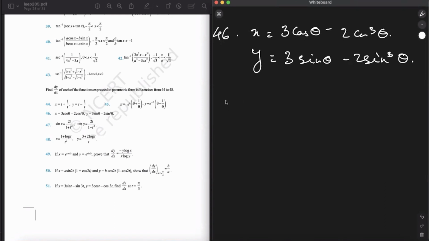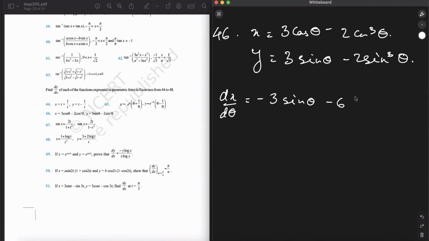So first of all, let's find dx upon d theta. So differentiating it, I'll be left with minus 3 sin theta, minus 6 sin square theta, minus 3 cos square theta, right?